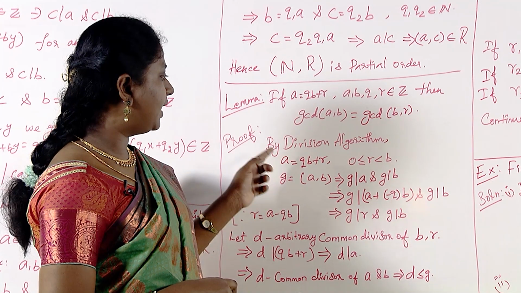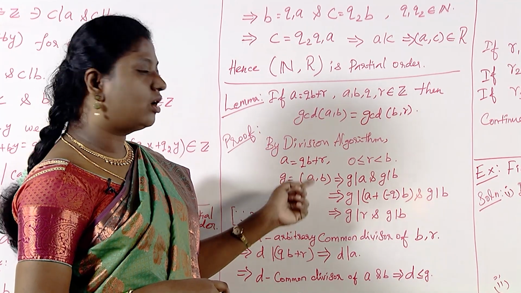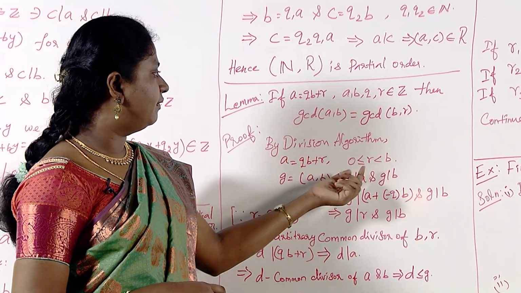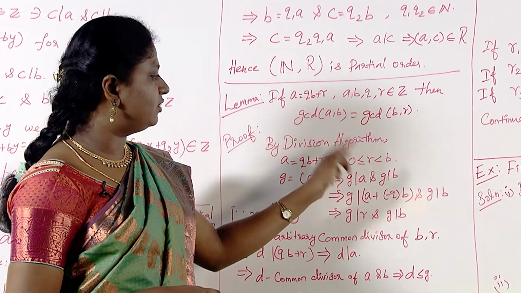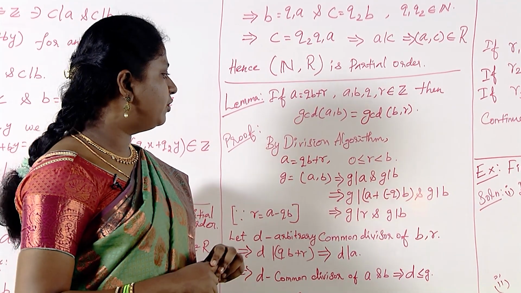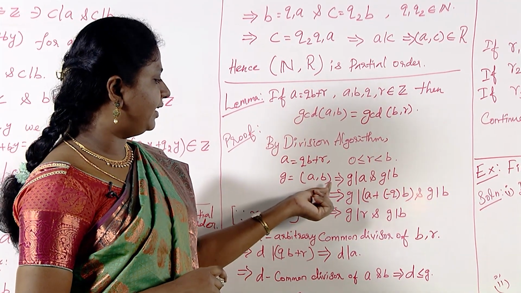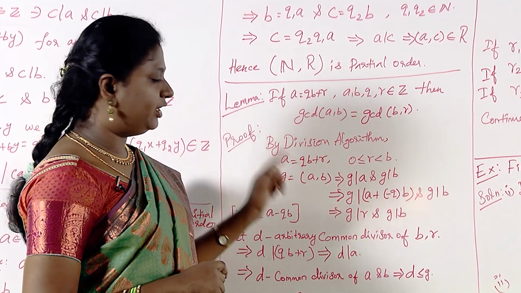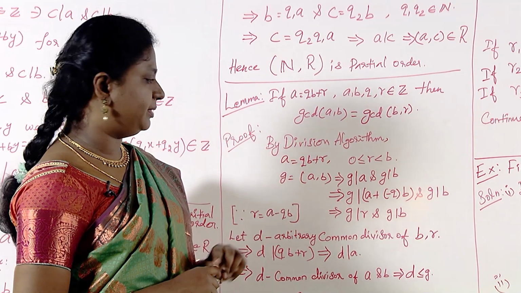So, now you have A and B. According to the division algorithm, you can write A as QB plus R, where this remainder R is greater than or equal to 0 and less than B. Now, I am going to denote the GCD of A and B by the alphabet G. G denotes the GCD of A and B.